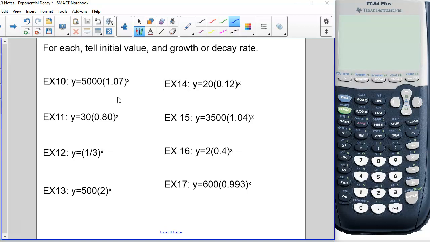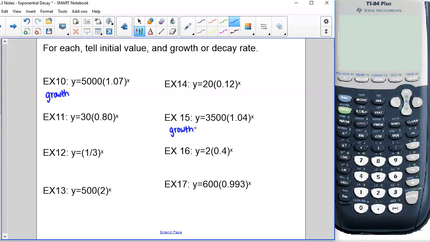All right, Tristan, give me one that is growth. Okay, 10 is growth. All right, Cole, another one that's growth. 15 is also growth, yes.